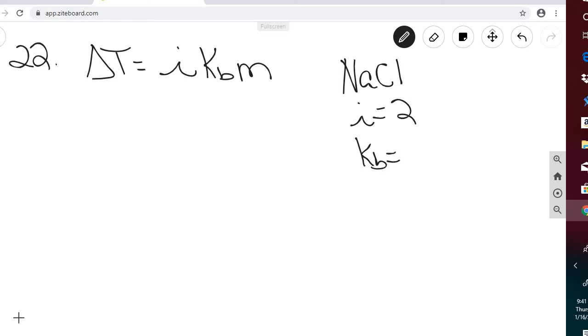Kb we're given as 0.512 degrees C over m. Then we just need to look back to question number 20 and see what we got for the molality. I have to go back and look at that. In number 20, we calculated the molality as 2.19.